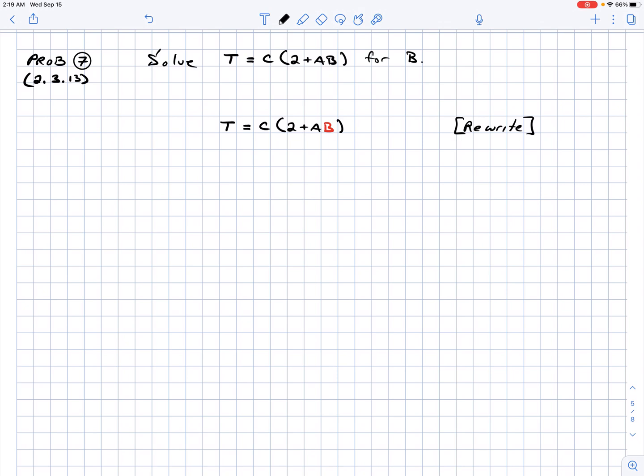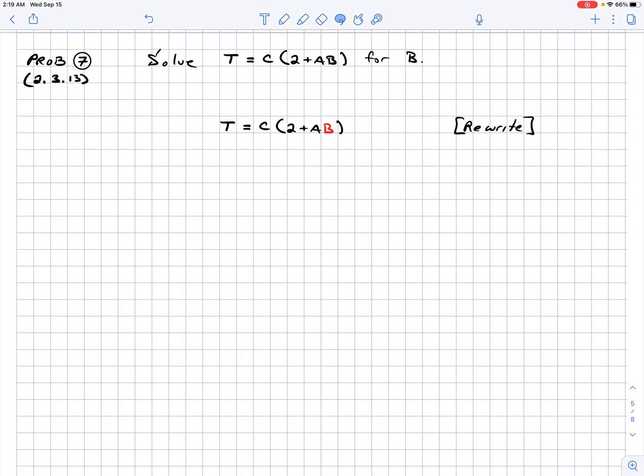So you can see here that we have a group. And that group happens to have the variable that we want. So we're going to keep it there. We are literally going to keep it there. So I rewrote the original equation, and I color coordinated the b. Now, that's the variable that we're going to isolate.